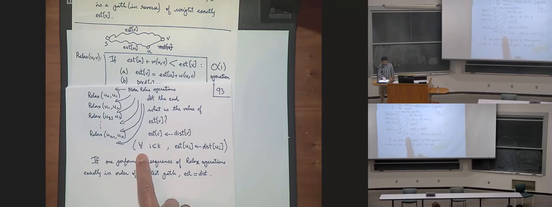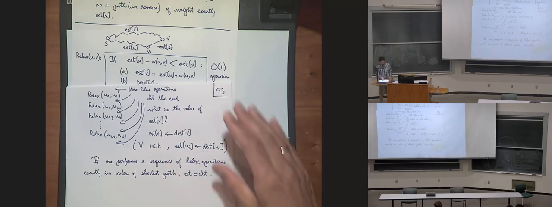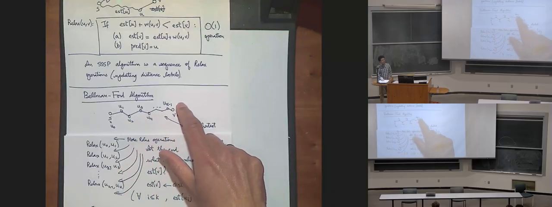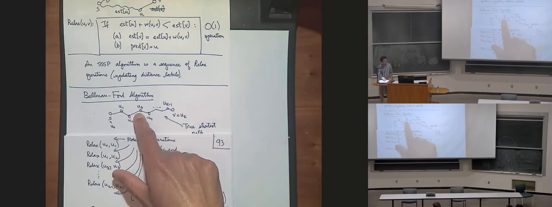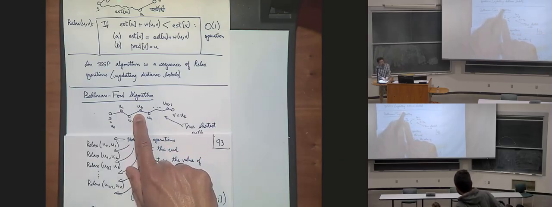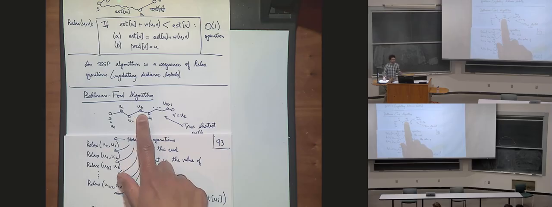And we said that for all i less than k, the estimate is equal to the distance. So in order, the shortest path distances get correct on each of those. But after being correct on, say, u3, if it does a bunch more relax operations, it's not going to change that fact. That fact is going to remain true.